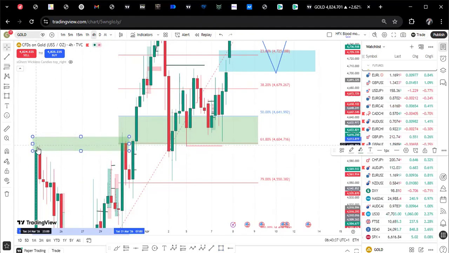Someone should tell me what this zone is. This zone I marked now, if someone is following. Is anyone following? What is it?